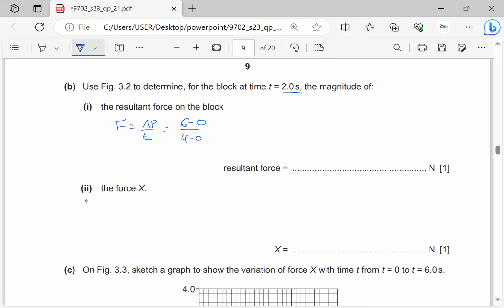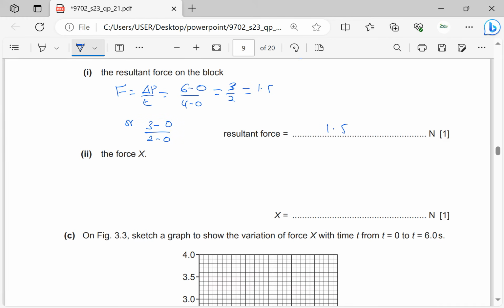I said you can choose any other pair of values, or you could take 3 minus 0 over 2 minus 0, or any other. Because it is a straight line, the gradient is constant. So this is going to be 3 over 2, which is 1.5. So the resultant force is going to be 1.5 newtons.